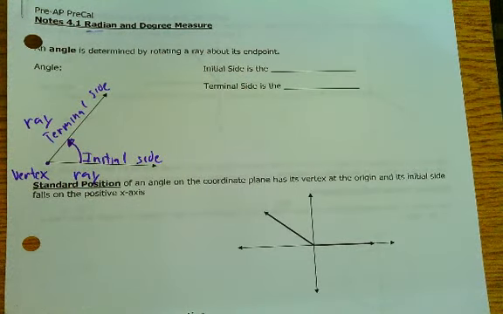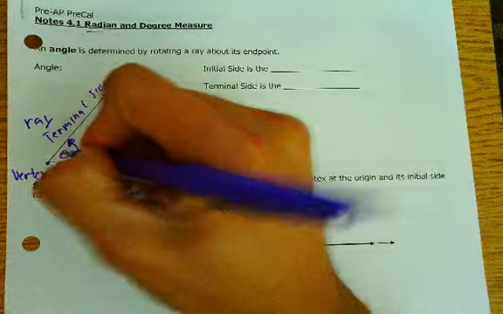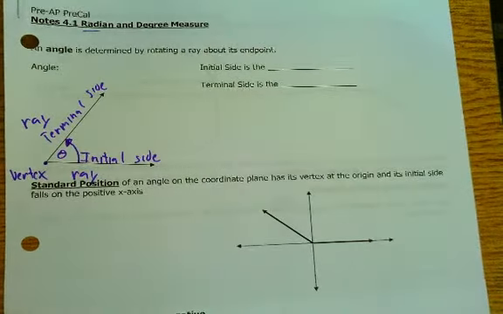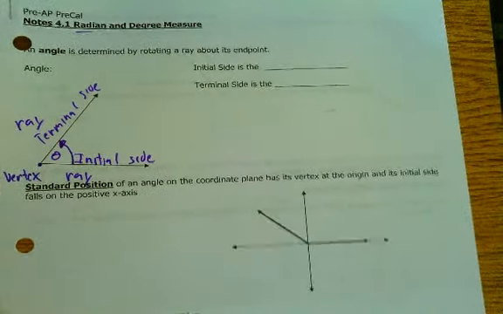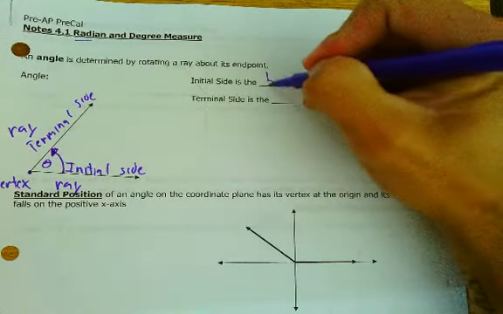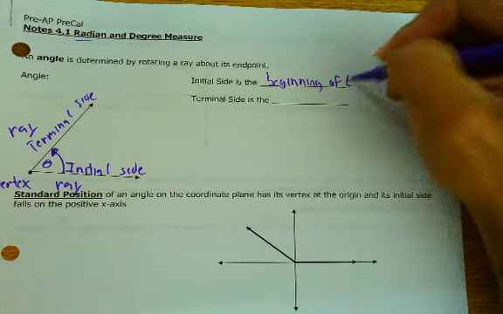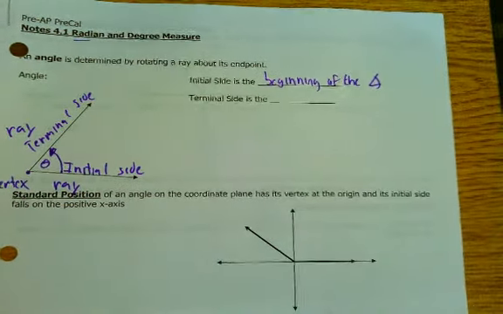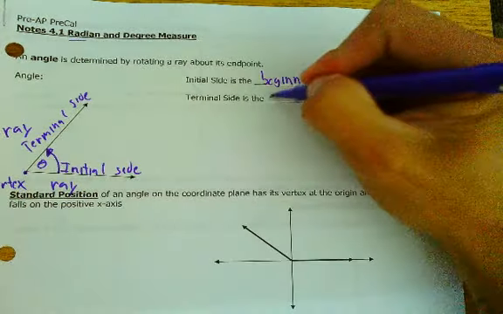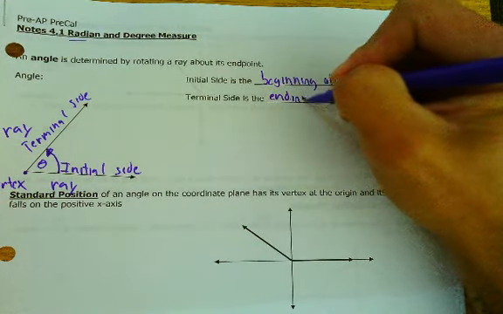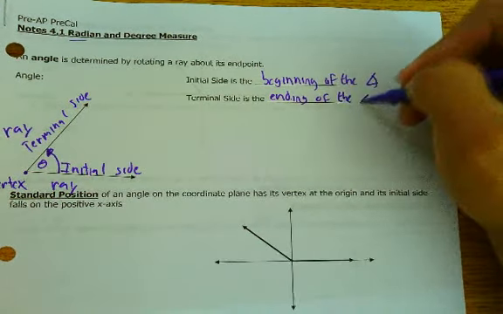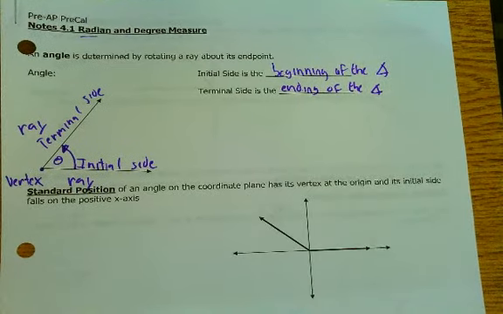So let's call this theta. So in other words, the initial side is the beginning of the angle, and the terminal side is the ending of the angle. Cool? Alright.